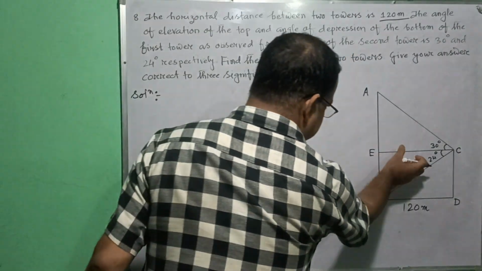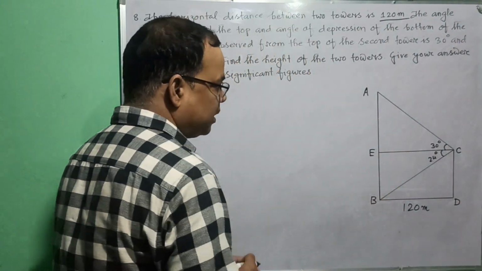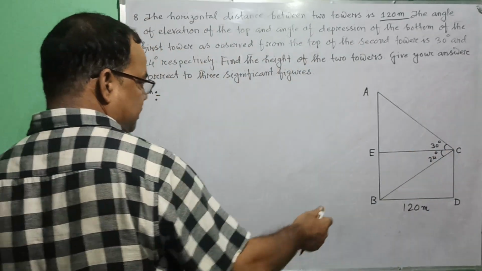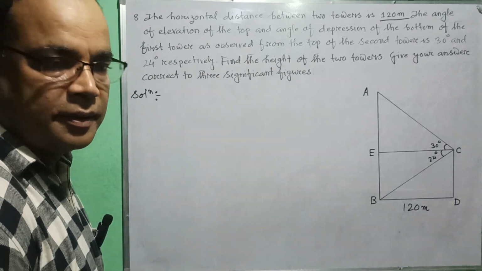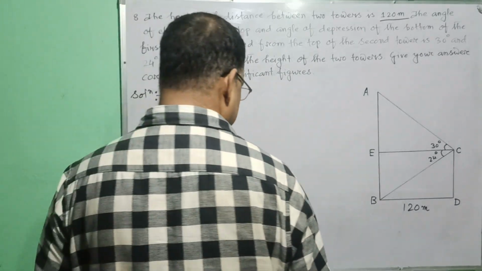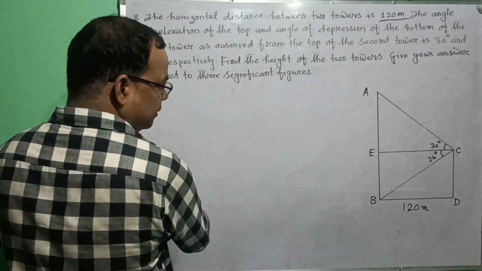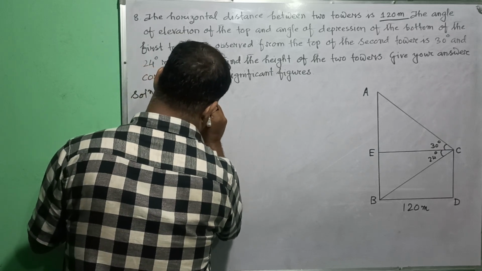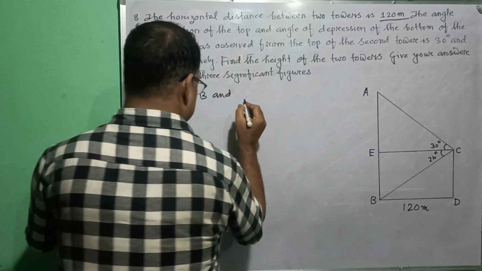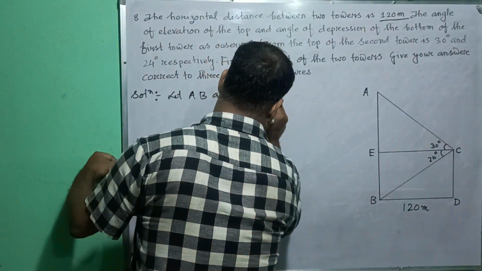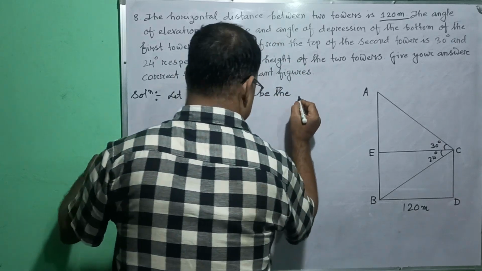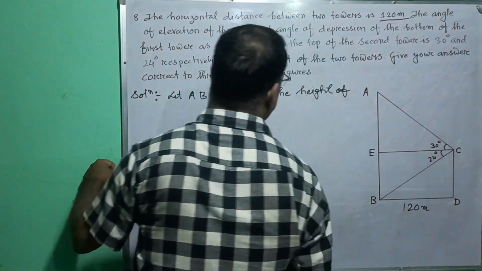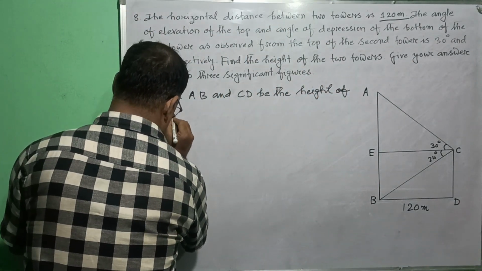Now it is clear that here two right triangles are formed. One is AEC and another one BEC. And this 24 degree, we'll get this value from the trigonometrical table. First we'll write, let AB and CD be the heights of the towers.